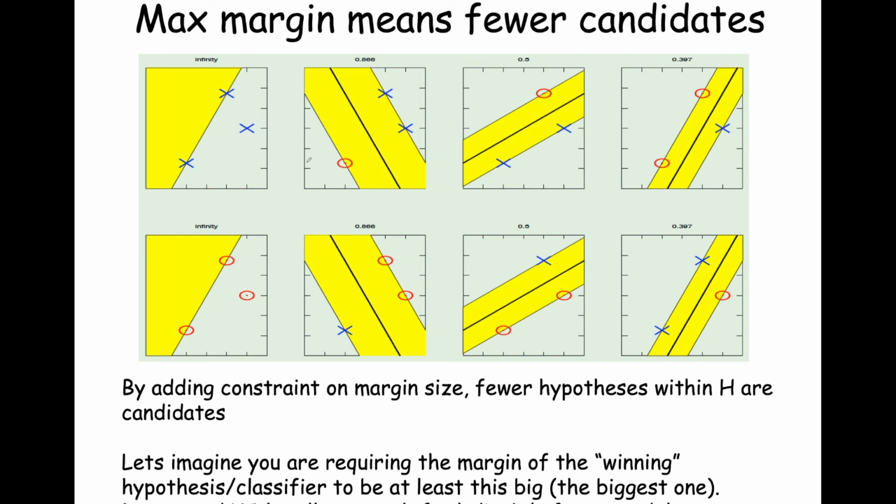You're going to prune away some choices of dichotomies associated with your function class, with your hypothesis. And that has the effect of reducing the VC dimension. And so this maximum margin idea has the effect of decreasing your VC dimension because you're dealing with fewer models. And a smaller VC dimension means you can generalize better out of sample with a smaller number of input data points.